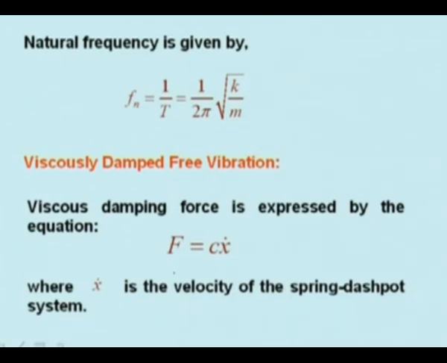The viscous damping force is expressed by the equation F is equal to c x dot, where x dot is the velocity of this system. We should also put a minus here, minus c x dot, because it acts in the opposite direction.